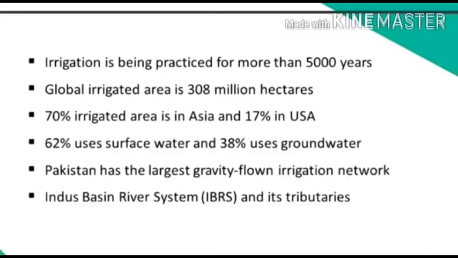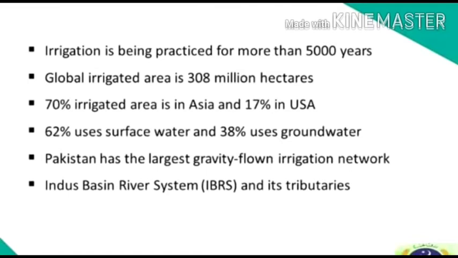Irrigation is an age-old art that is being practiced for more than 5,000 years. So it parallels agriculture. The earliest settlements were along the river banks, like the Indus Valley civilization or those along the river Nile.